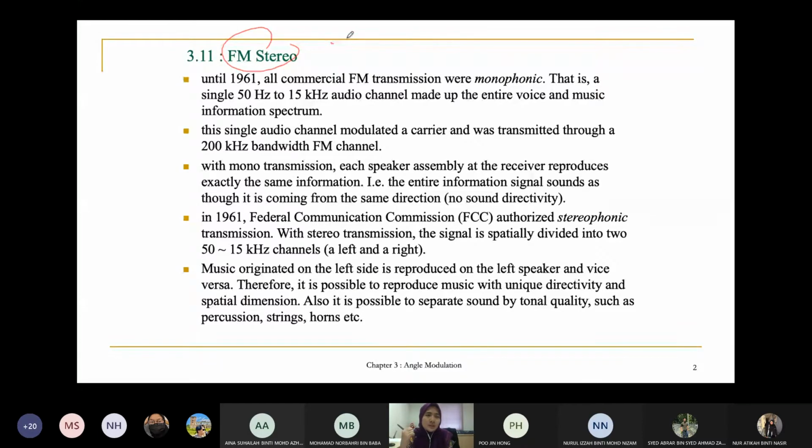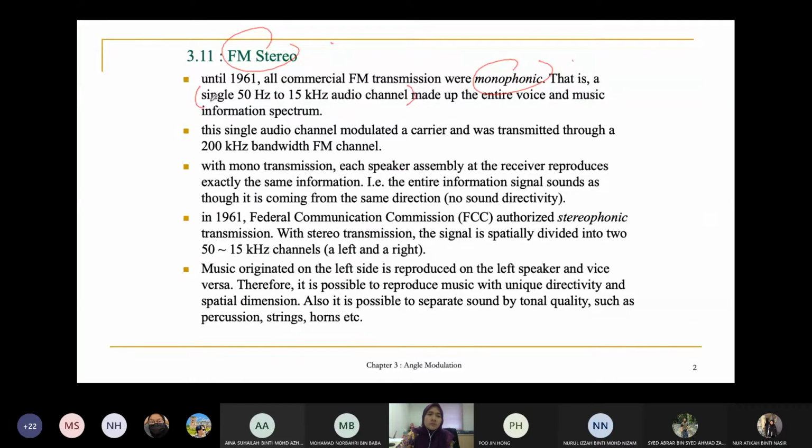Until the year 1961, all commercial FM transmission was monophonic. So what is monophonic transmission? It uses only a single 50 Hz to 15 kHz audio channel, which made up the entire voice and music information spectrum.